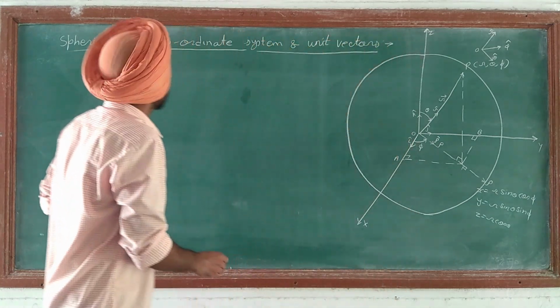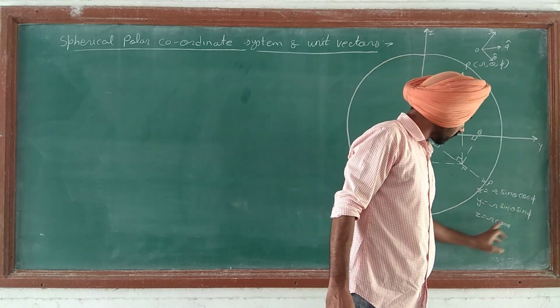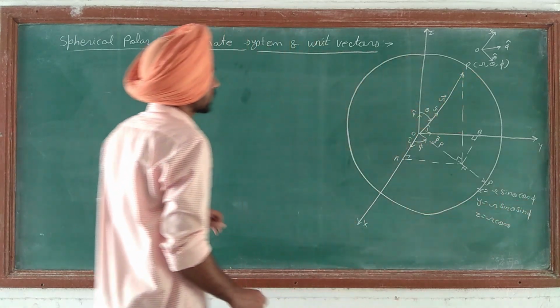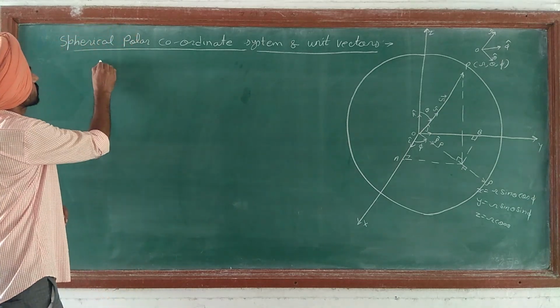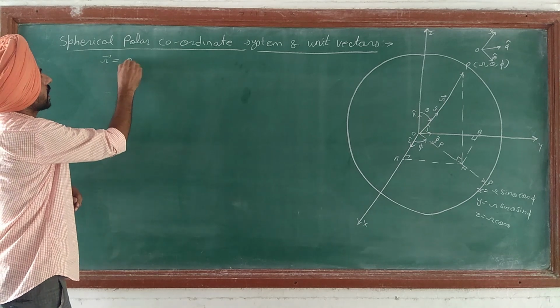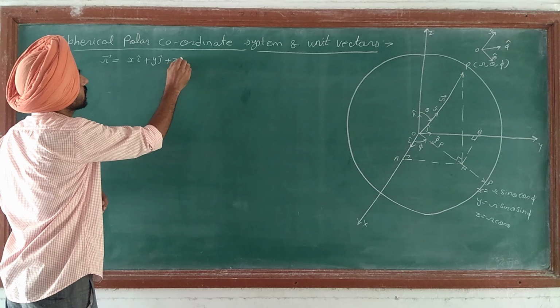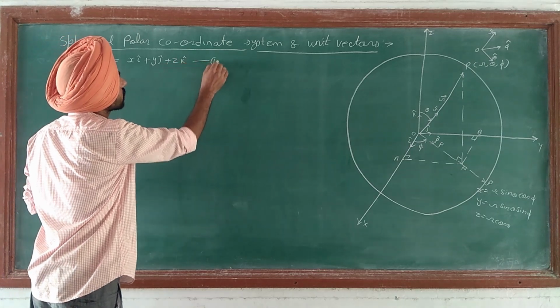So from this we have already derived x equal to r sin theta cos phi, y equal to r sin theta sin phi, z equal to r cos theta. In Cartesian coordinate system, we write the position vector r of the system as r equal to x i cap plus y j cap plus z k cap. Let it be equation number 1.